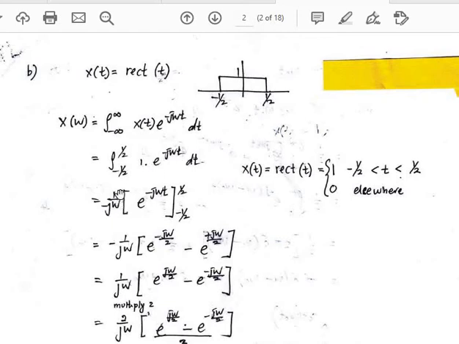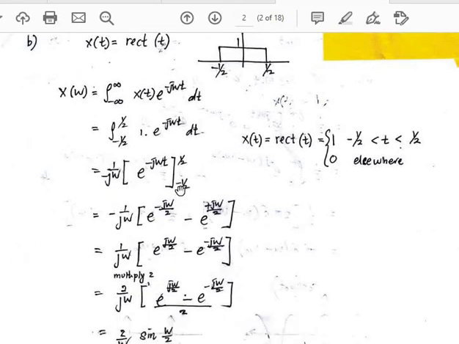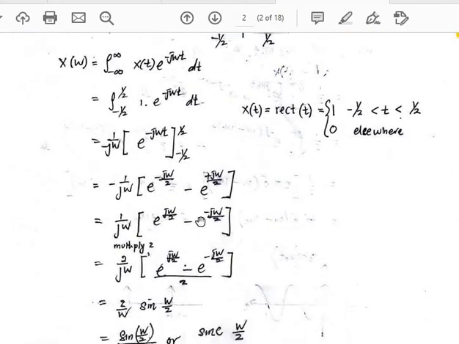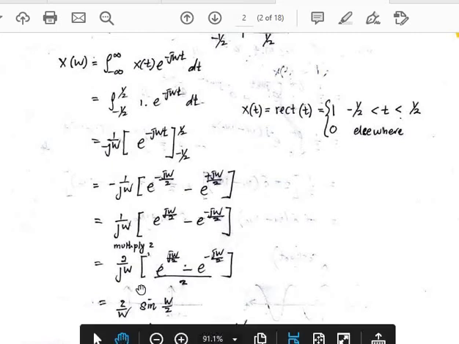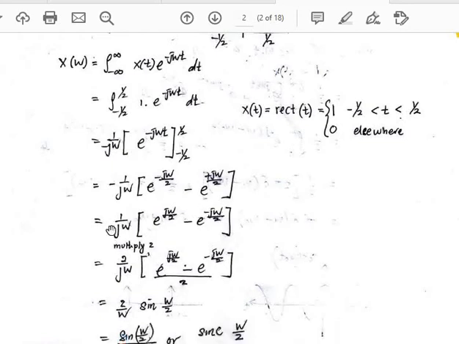You perform the integration, you get 1 over negative j omega. Then you put the limits from minus half to half, and substitute the value of t with half and minus half. So you get this. And now, if you look at here, you have exponent and also you have the j. If you have j, you still remember the exponent j theta, the Euler formula.